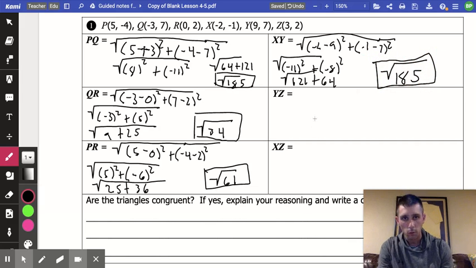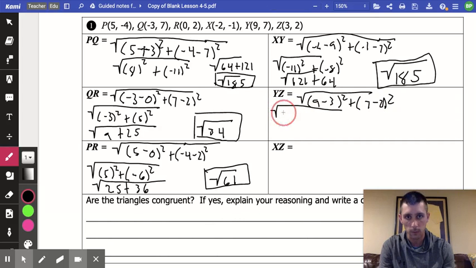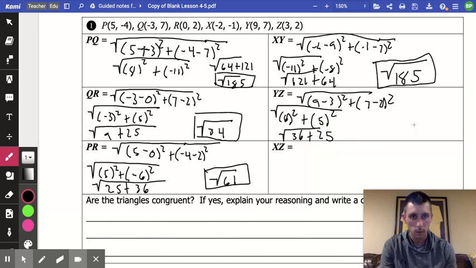Okay. Let's go to YZ. Square root, the x of Y, so 9 minus the x of Z, which is 3 squared, plus 7 minus 2 squared. 9 minus 3 is 6. 6 squared, plus 7 minus 2, which is 5 squared. 36 plus 25, square root of 61.